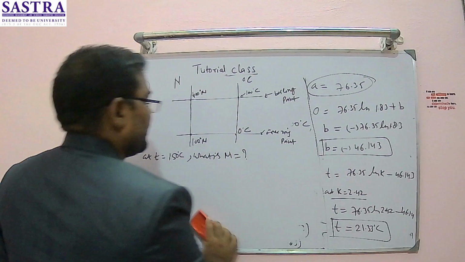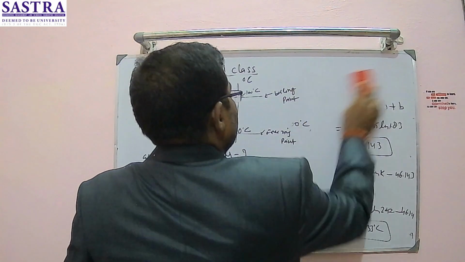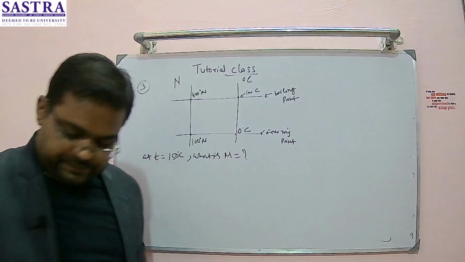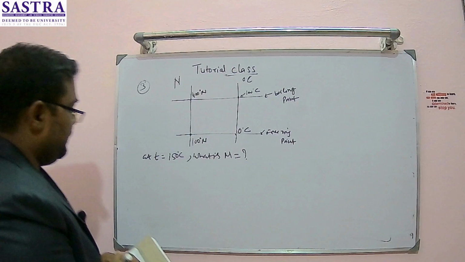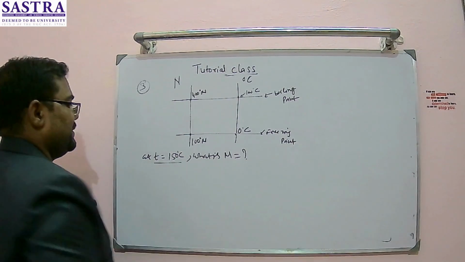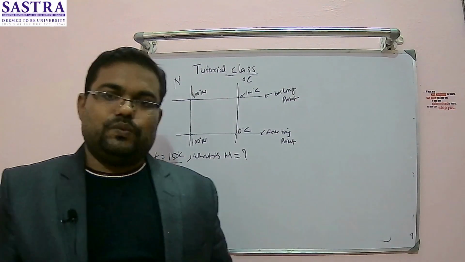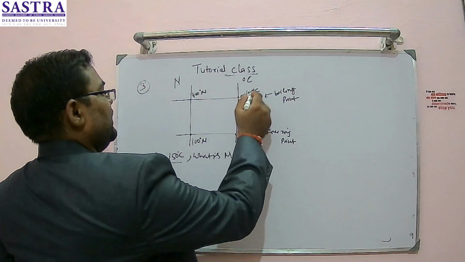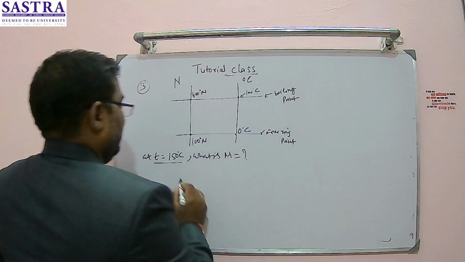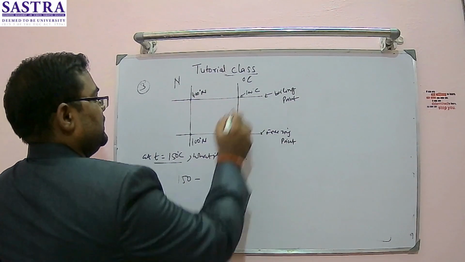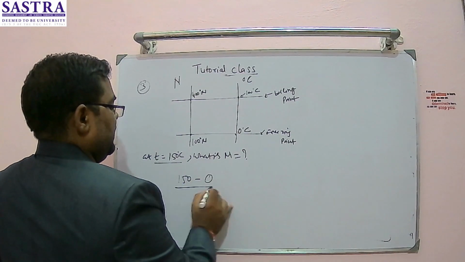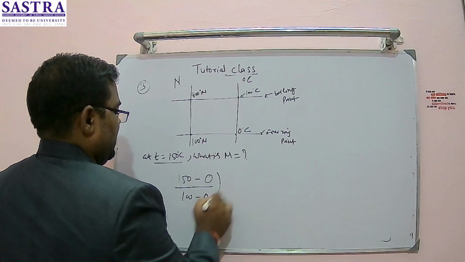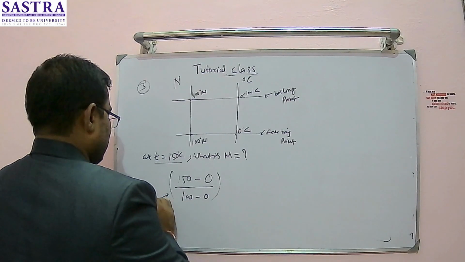So the first part of it is asking, at this temperature what is N. So I know this 150 degrees Celsius, so I will be using for the Celsius scale 150 minus freezing point divided by boiling point minus freezing point.